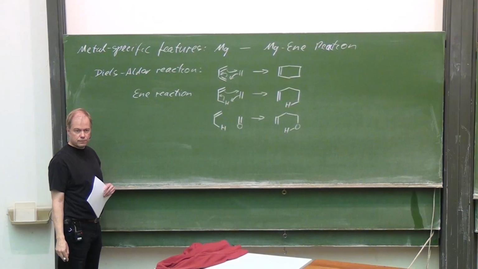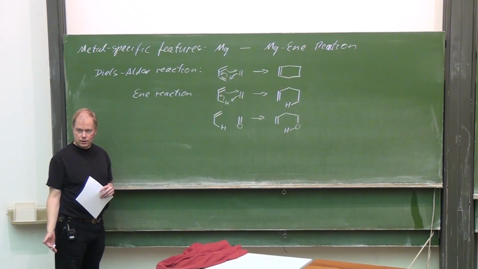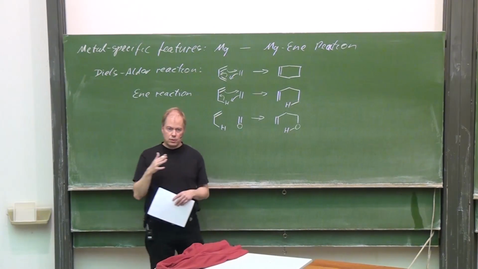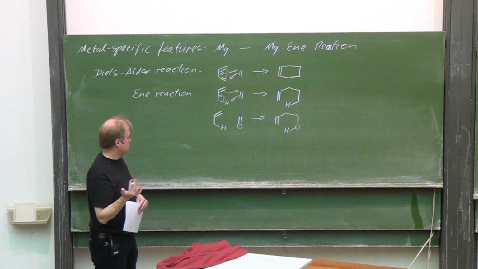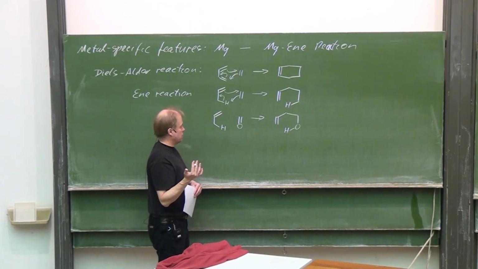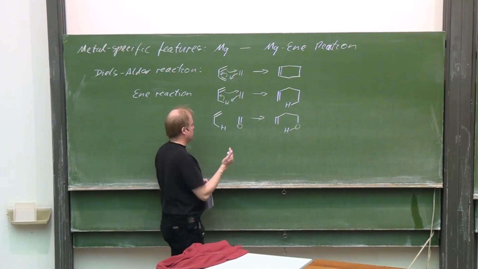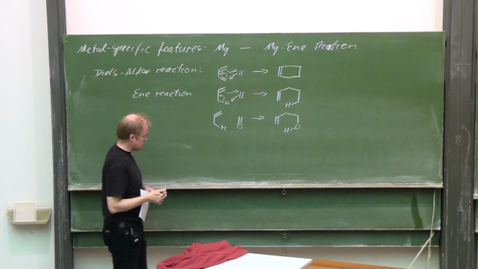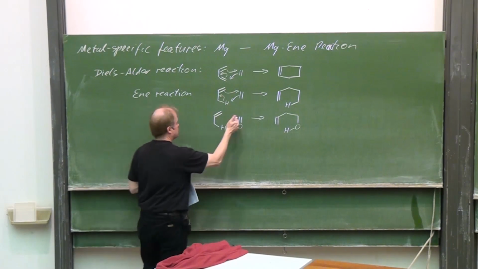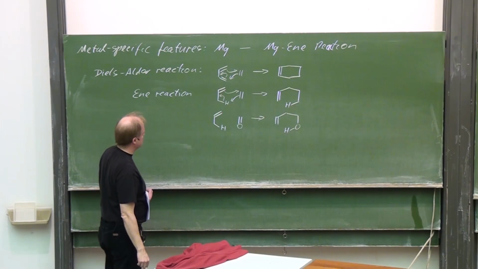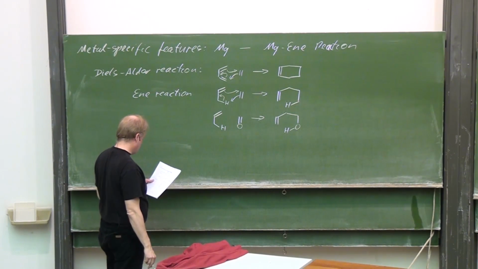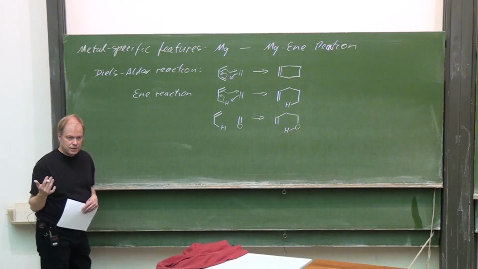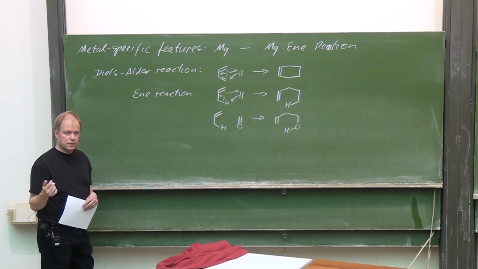Yes, it works very well, especially if we activate the carbonyl group by a Lewis acid. Might also be a chiral Lewis acid, and we could introduce some chiral centers then, stereoselectively, when we have some additional substituents here. This type of reaction is also some kind of ene reaction, a carbonyl-ene reaction.